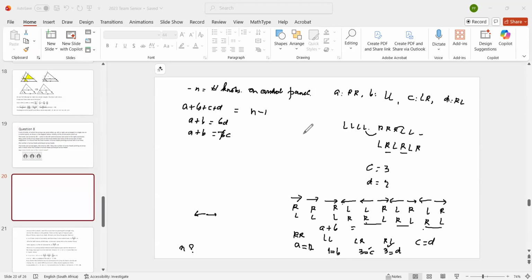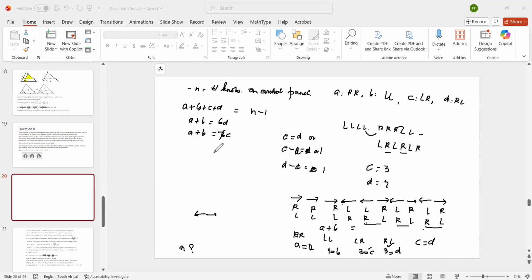Right? So the point is that C equals D, or C minus 1 equals D, or D minus 1 equals C. C and D differ by just 1. I should say C minus D equals 1, or D minus C equals 1, right? Depending on which is bigger.